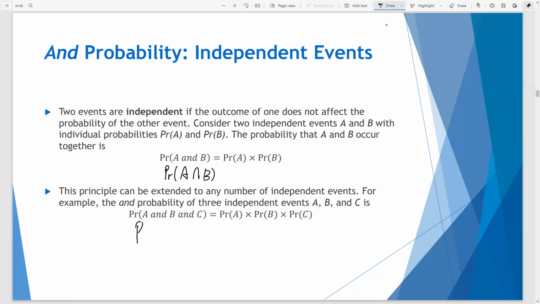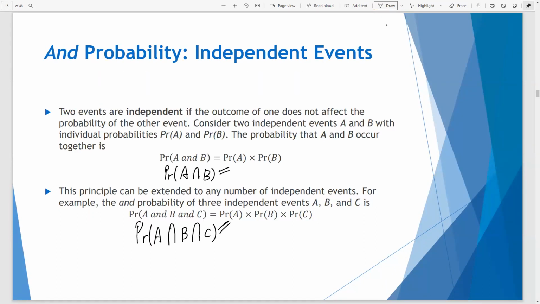So the notation can also be written as the probability of A and B and C, which is also equal to that product. The notation of AND can be written as the intersection, which is also commonly accepted in general probability.